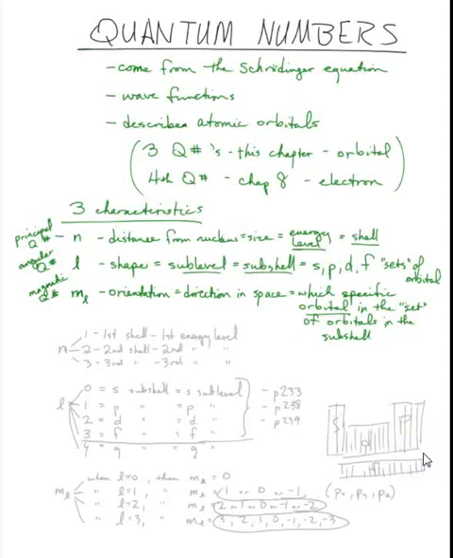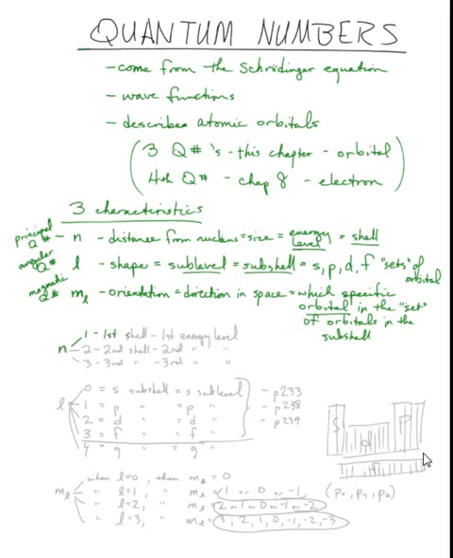Okay, so now that I hope you're not completely confused, we're going to go on to talk a little bit about the values these guys can have. So if we're in the first shell, this part is pretty good. 1 for n is the first shell, or the first energy level.